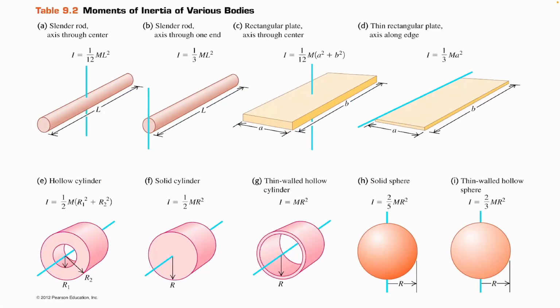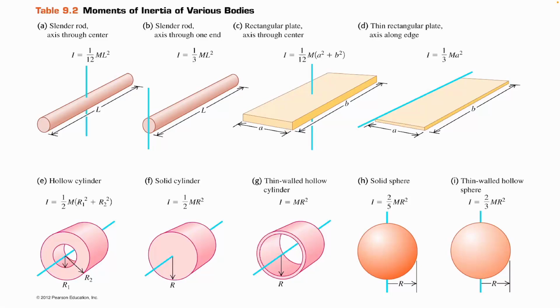This comes from a different book, and this is the table that I will give you on the exam. The last page of the exam is going to have this exact slide on it. What this slide shows is the integrals done for us for various shapes.